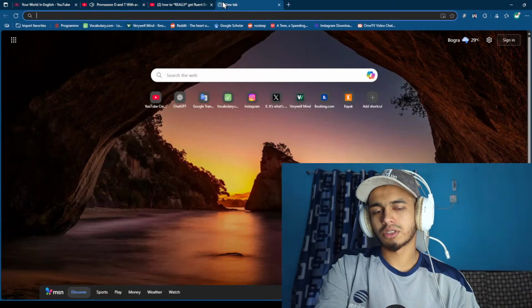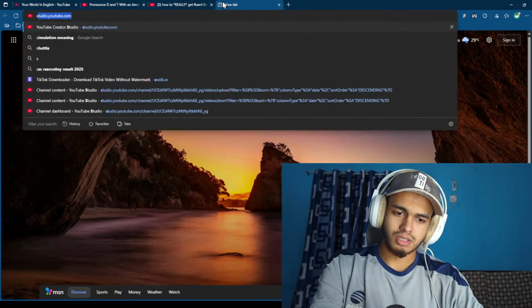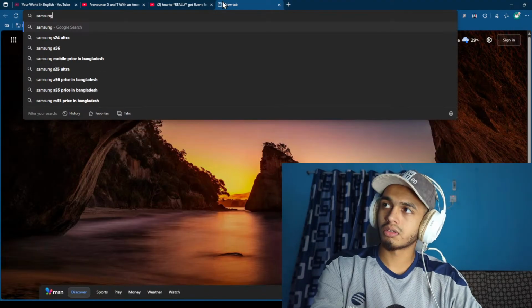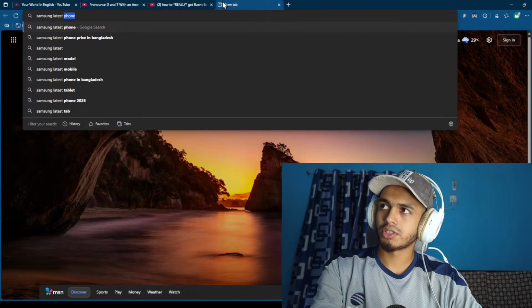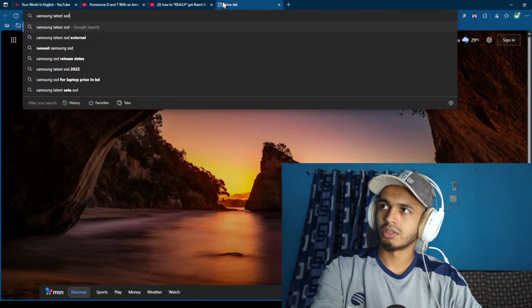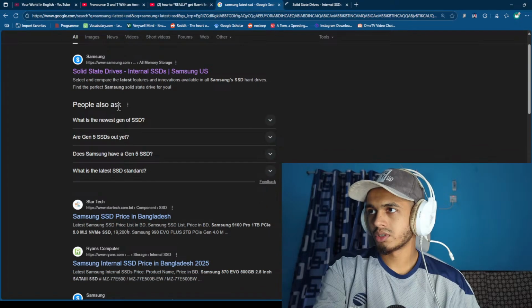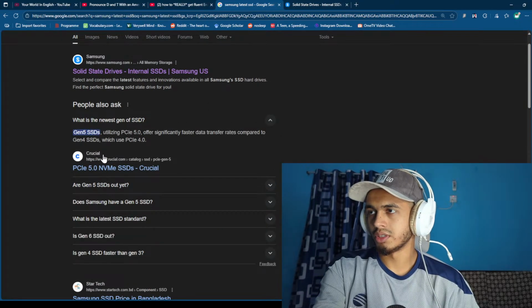Okay, I need to search something. Samsung latest SSD. What is the newest gen of SSD? Gen 5.